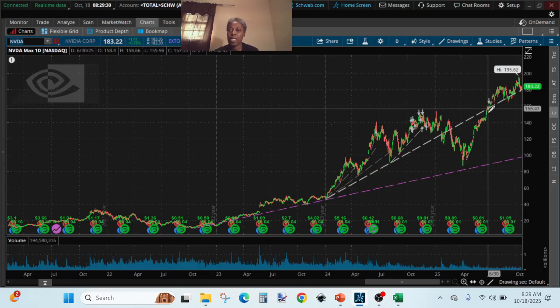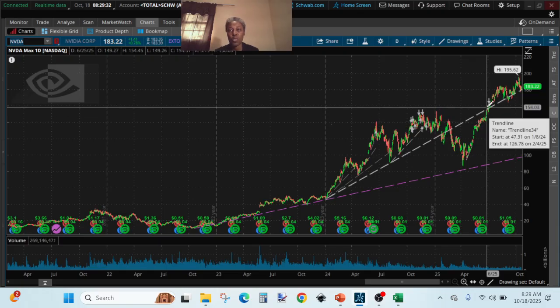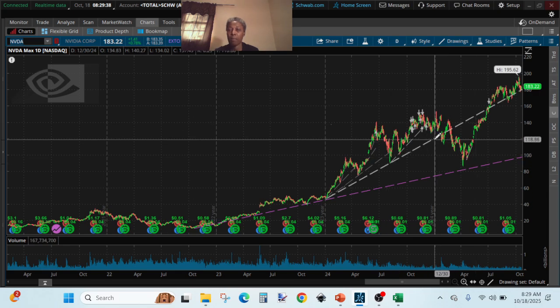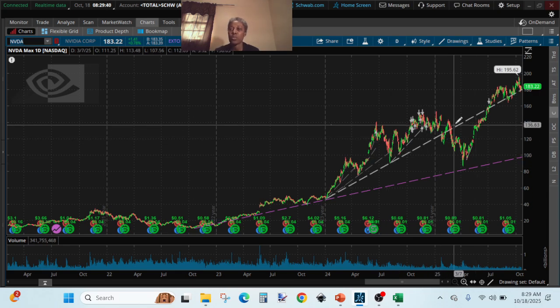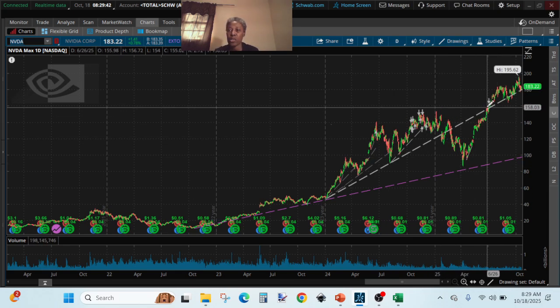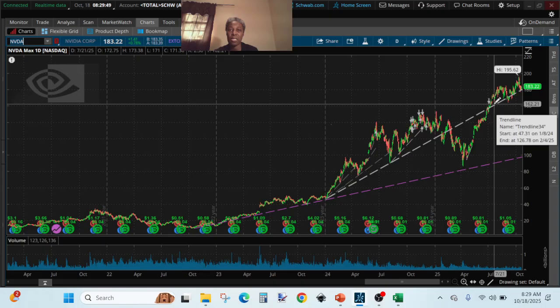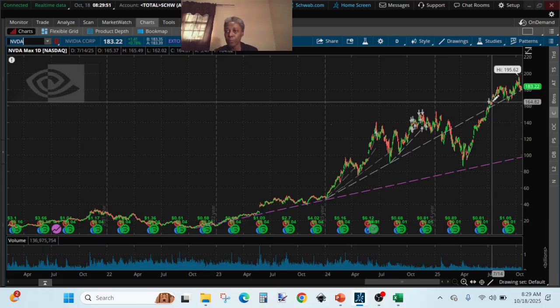As soon as the stock reaches a new high, it will be an all-time high, because we are using the maximum daily chart, a maximum chart, so it's going to show you all-time highs. As soon as it reaches that, we can either get out or stay longer in the trade. So that is our first exit strategy.